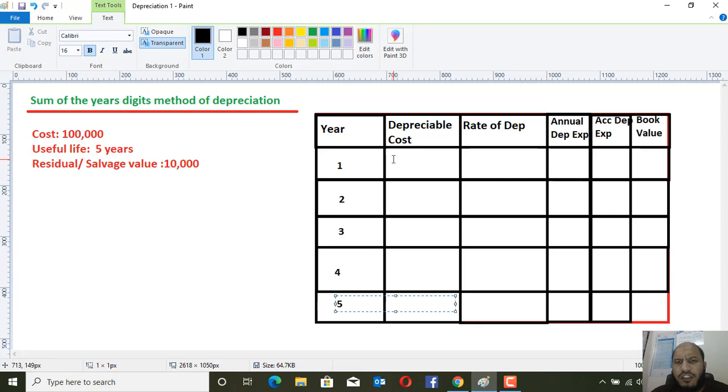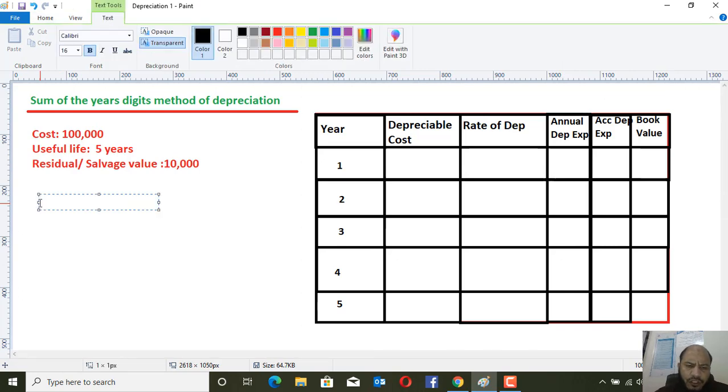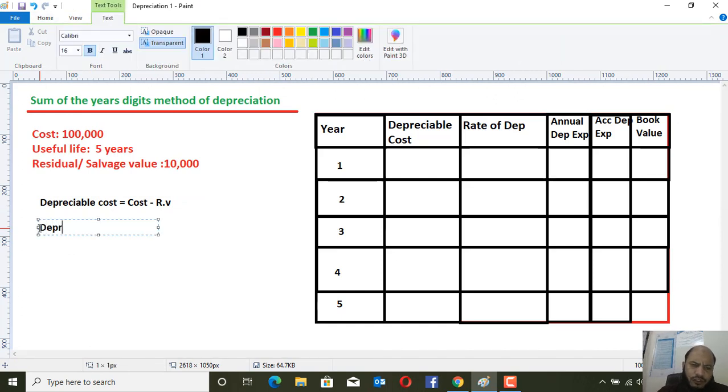Okay, what is the depreciable cost? Dear students, keep in mind that this method uses the depreciable cost. The depreciable cost must be the original cost minus the RV, residual value, or in other words the salvage value. So let's find the depreciable cost.